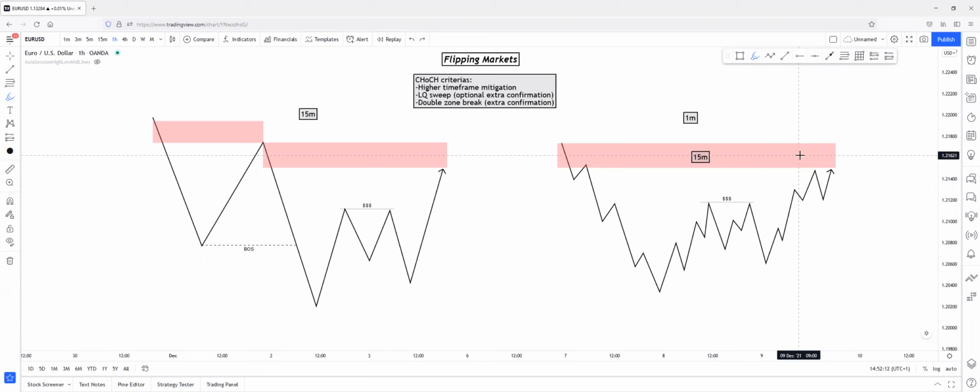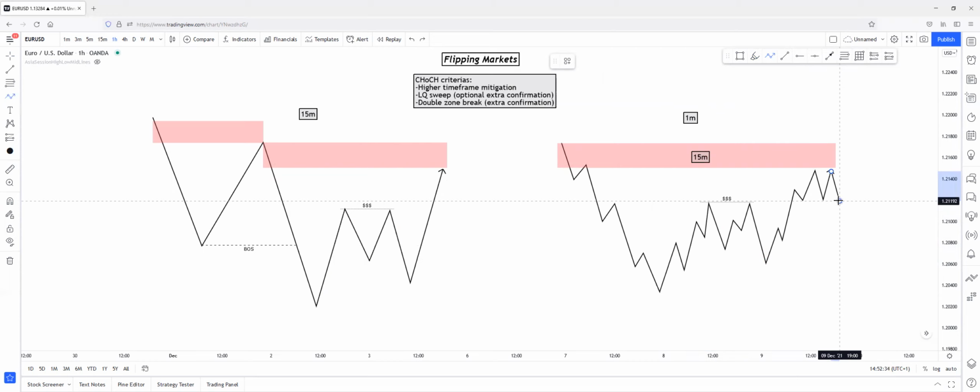Liquidity sweep. It's an optional extra confirmation. So what do I mean by liquidity sweep? As you can see, price created a series of higher highs and higher lows in this region, and just below the supply zone, price created double tops and also triple bottoms.